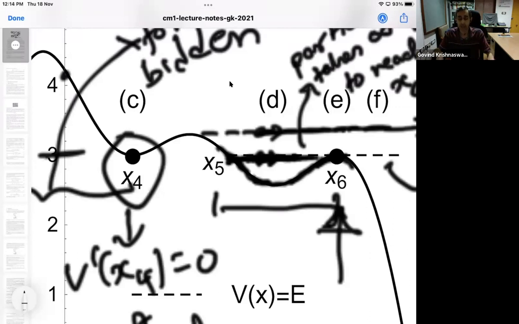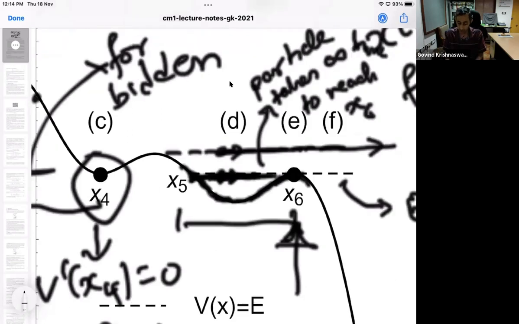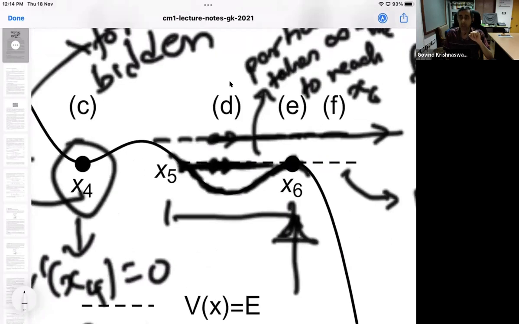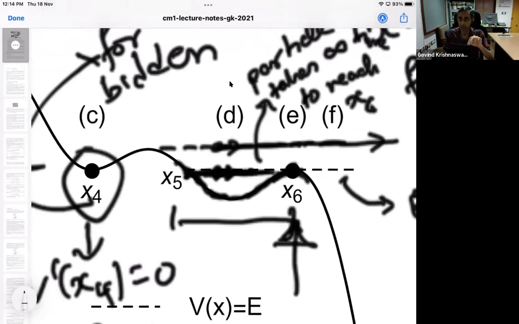The claim is that if you have specified initial conditions, then the solution is unique. If you give x of 0 and x dot of 0, then the solution is unique. Now let us look what happens here. Suppose you start at x6 with location x6 as initial location and initial speed 0. Then there is only one trajectory, and that is to remain at x6 for all times.